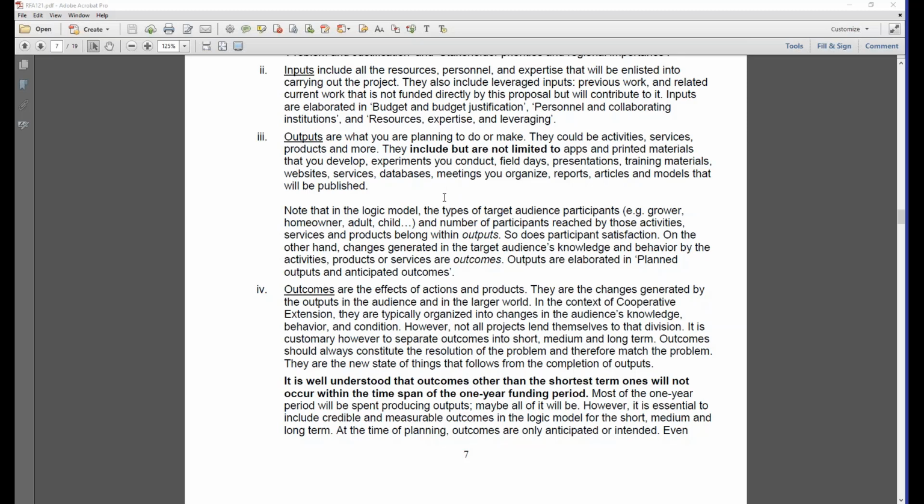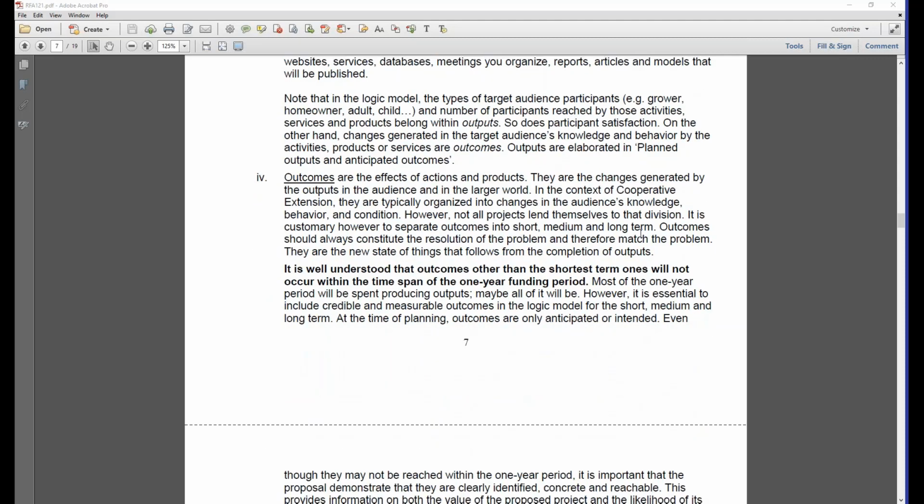So please, keep those outcomes realistic. Very often people like to put grand outcomes at the end. This is not necessary. Just make sure that your outcomes are logically and temporally connected to your outputs, to what you're going to do, and that they indeed correspond to the problem you're trying to solve.